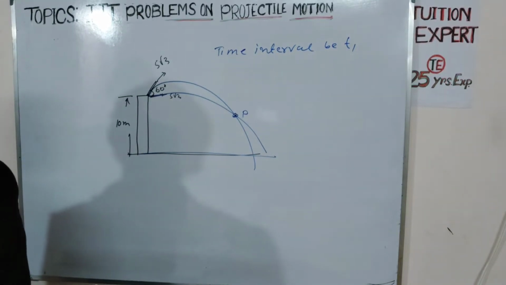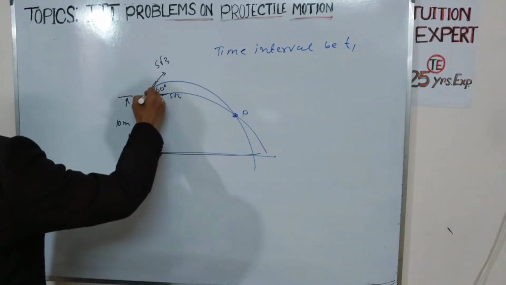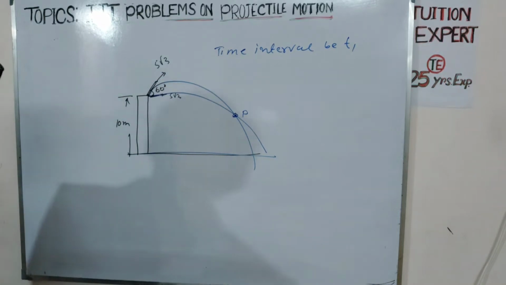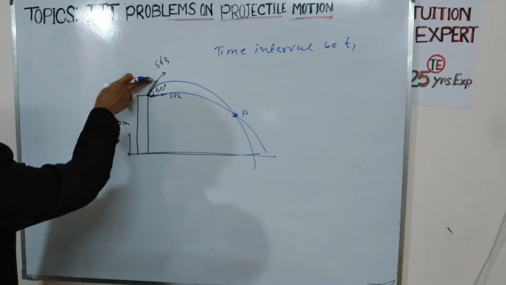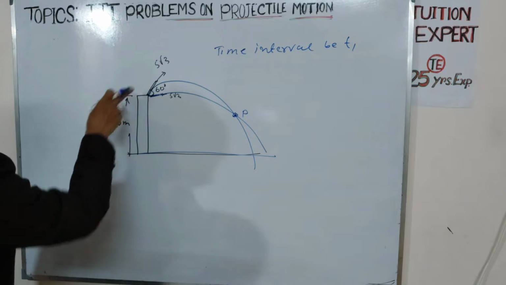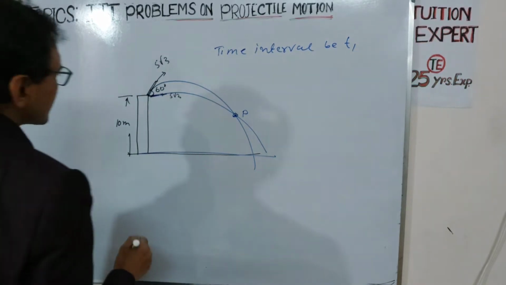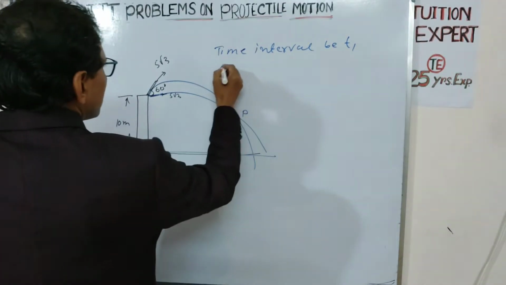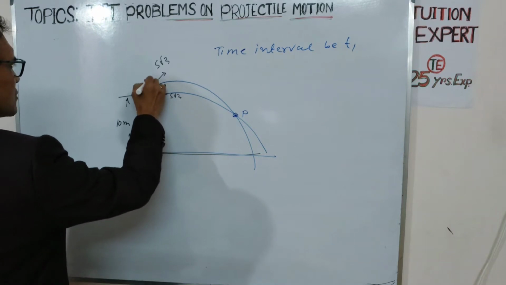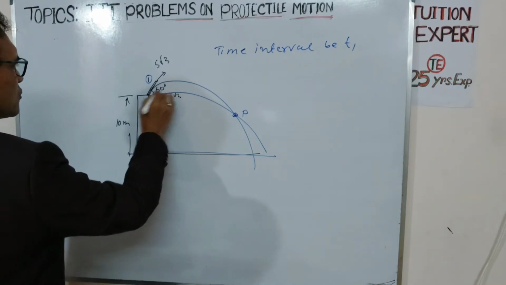Now which is projected earlier? This shot which is at angle 60 degree must be projected earlier. Suppose this particle is denoted by 1, and this particle is denoted by 2.